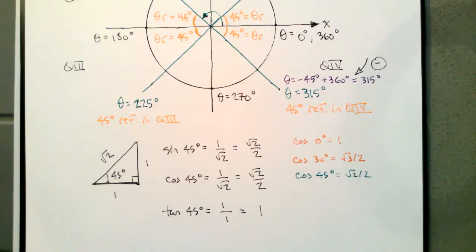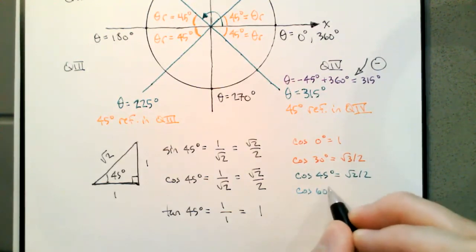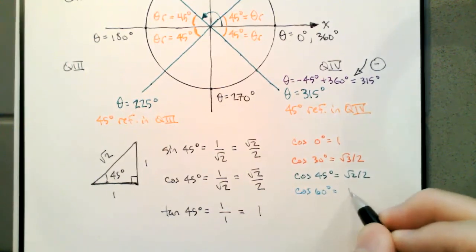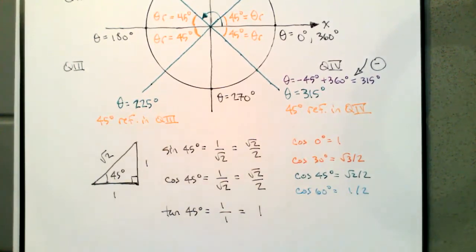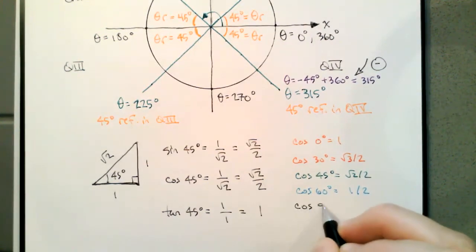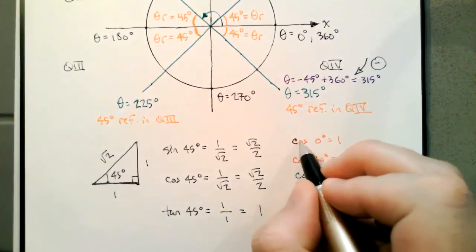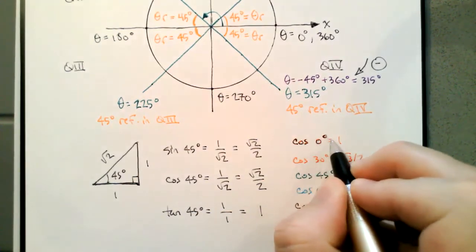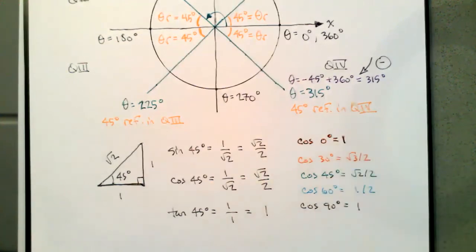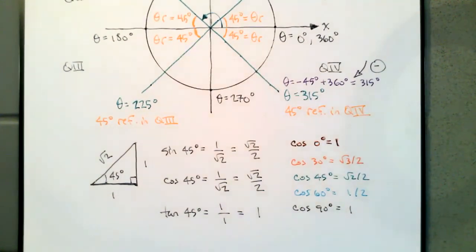Cosine of 60 is root 1 over 2, better known as a half. And then cosine of 90 is 0.